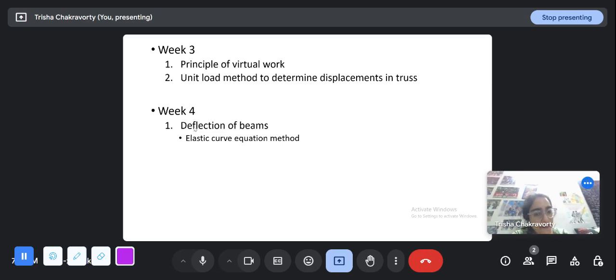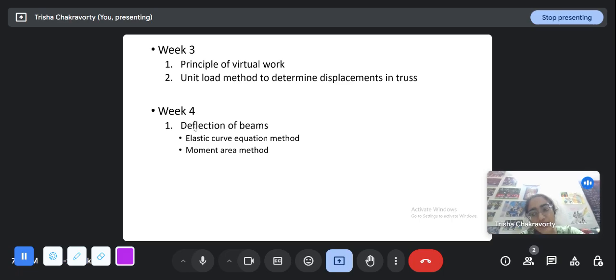It is a very general method. If we know the governing differential equation of any system, we can integrate it and get the displacement profile. And once we have the y of x function, we can find out the deflection at any point if we put the value of x there. It is general, and it is also a little cumbersome at times. So there are simpler methods.